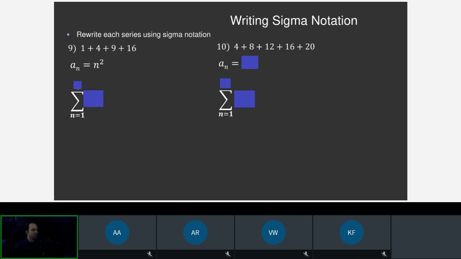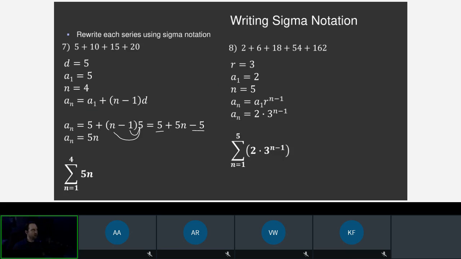Now I'm going to go back a page, and this is more like a thinking. I probably could have avoided all of this work. I could have gone right to the formula if you just think about 5, 10, 15, 20, what's going on? I'm multiplying your place, n equals 1, n equals 2, n equals 3, n equals 4, by 5. 5 times 1, 5 times 2, 5 times 3, 5 times 4.